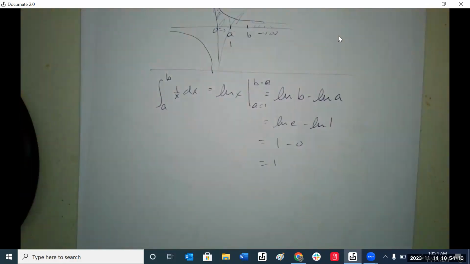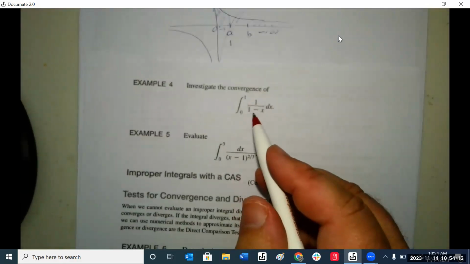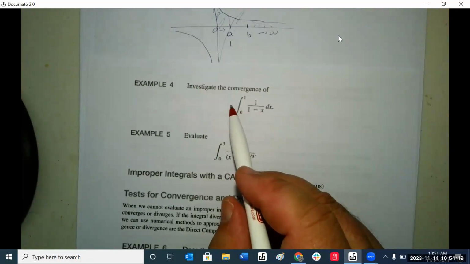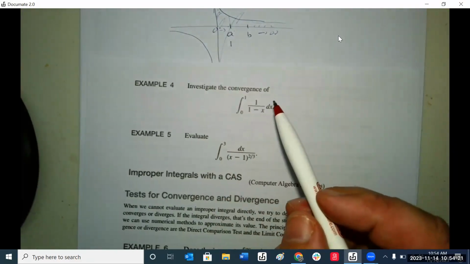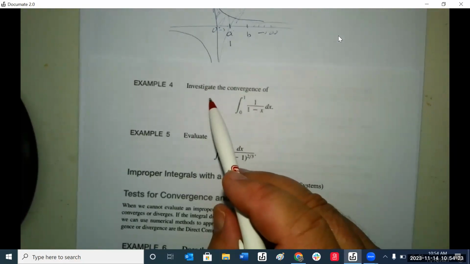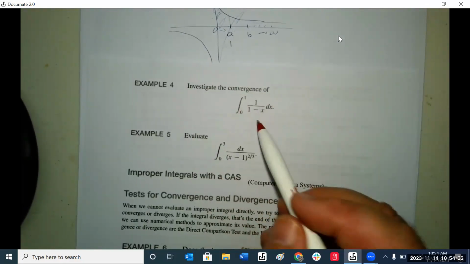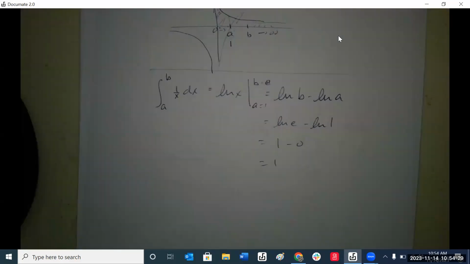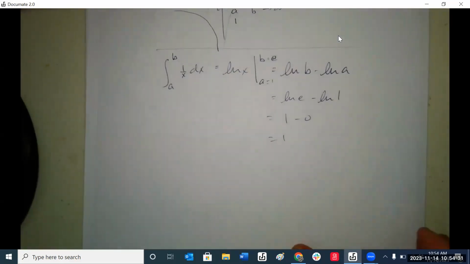All right, so let's look at an example here. Example 4. Investigate the integral. Check the convergence.